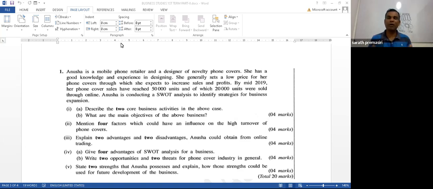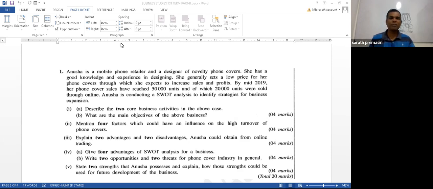When you compare it with accounting, I feel that business studies is more difficult, because those who are able to do sums feel that accounting is easy. Students feel that business is easy, but it is very difficult to score marks in the examination. So it is a kind of art of writing, and you have to get used to it.